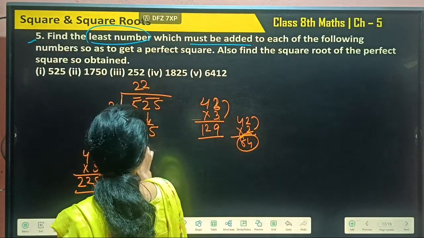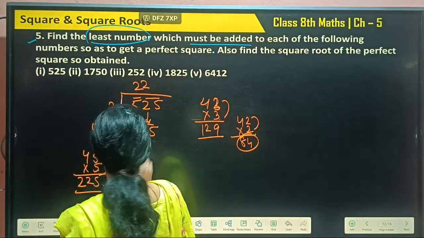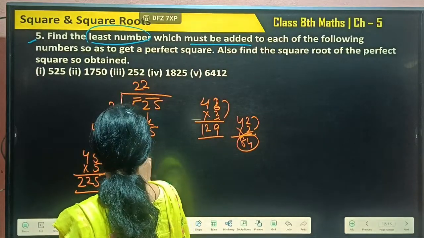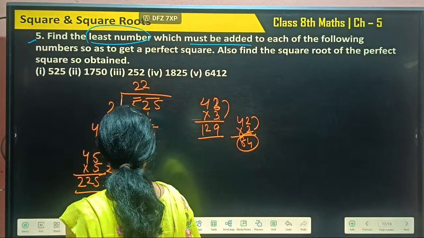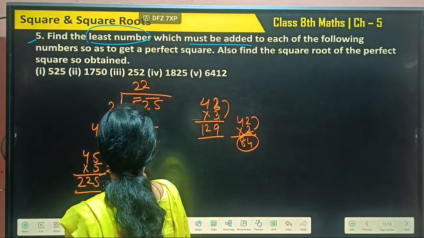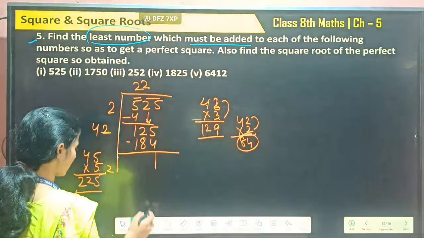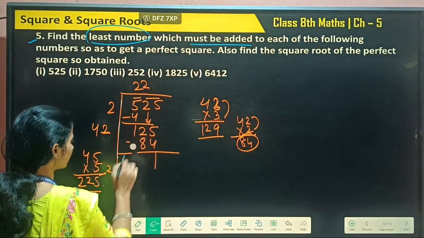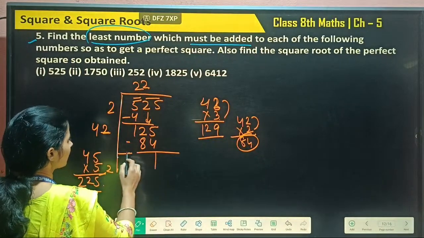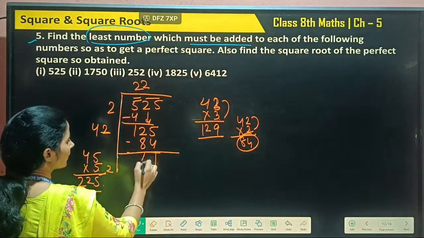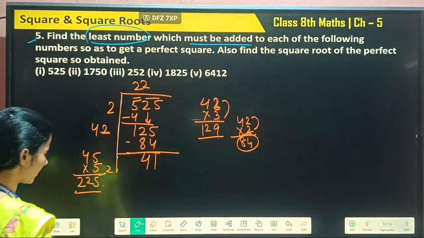It is 184. 5 minus 4, 1. 12 minus 8, 4. So 41 is the remainder.